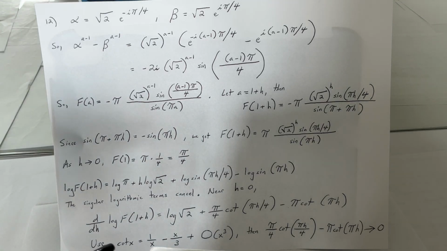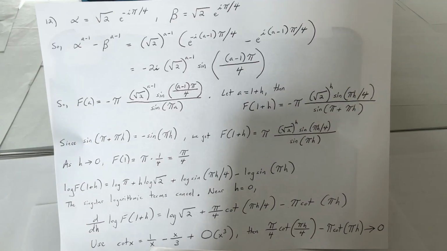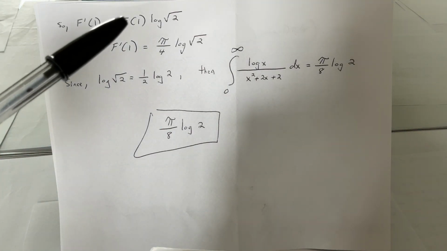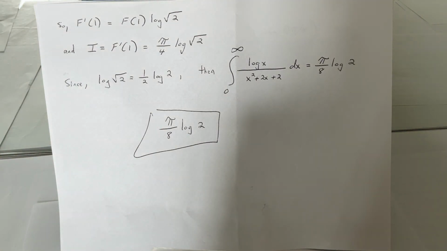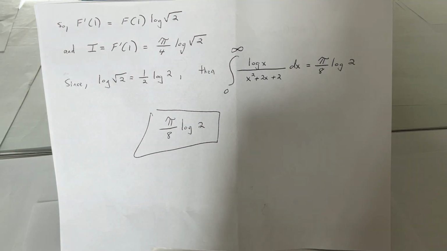If we substitute now cotangent equaling the following, then pi over 4 cotangent pi h over 4 minus pi cotangent pi h approaches 0. And from there, f prime of 1 equals f of 1 log square root of 2, and I equals f prime of 1 equals pi over 4 log square root of 2.